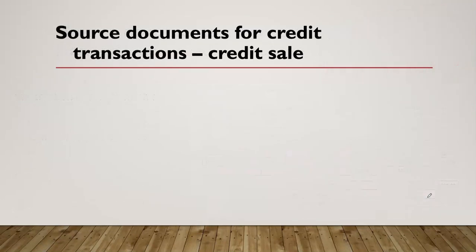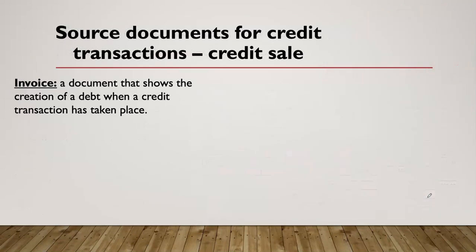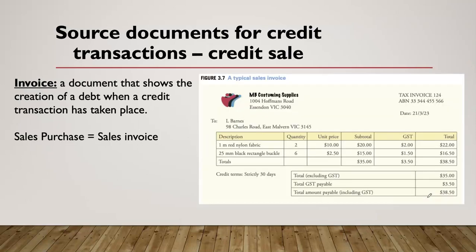Credit sales are going to look exactly the same in terms of the document, but if my business is at the top of the invoice, this means that I know that I have made the sale. I know it's an invoice, a credit transaction, because there's credit terms, and I have sold something to L. Barnes. What have I sold?